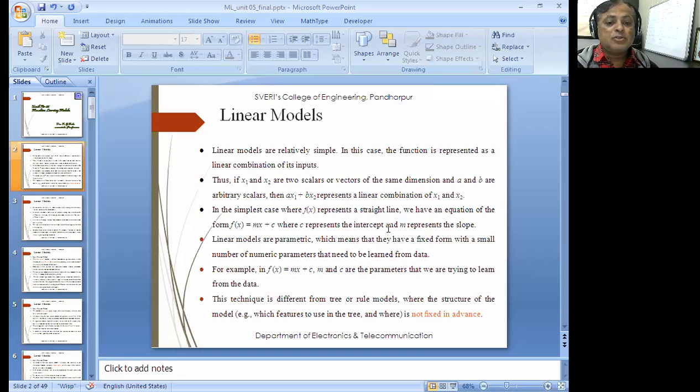M represents the slope and c represents the intercept. This is very important because when we calculate the slope of the straight line, we are going to do the same combination in this equation also.